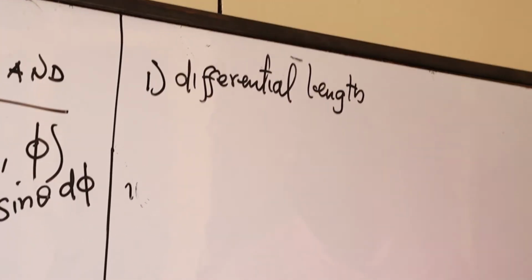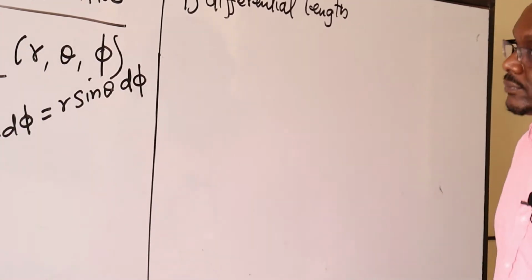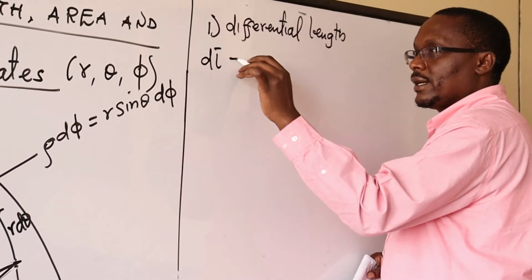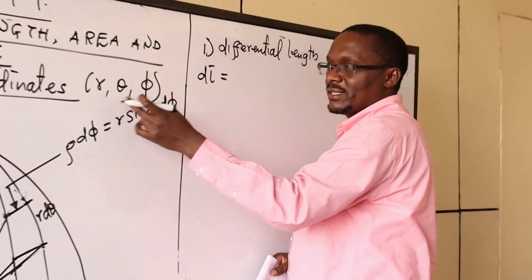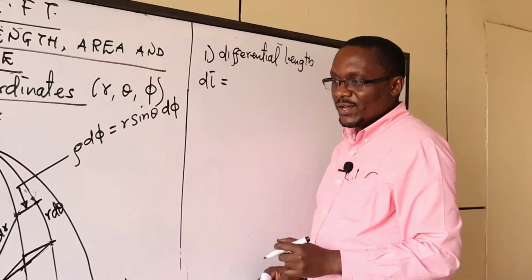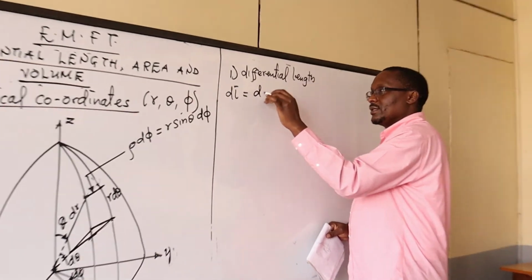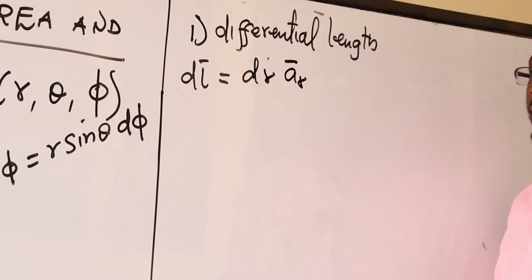Let us start with the first one, differential length, dl bar. We have to follow our coordinates. In the r direction, we have dr, so that is going to be dr in the a r direction.